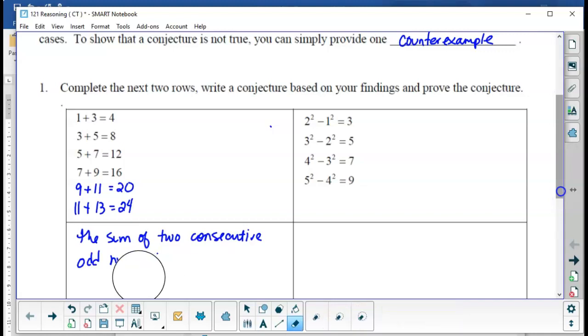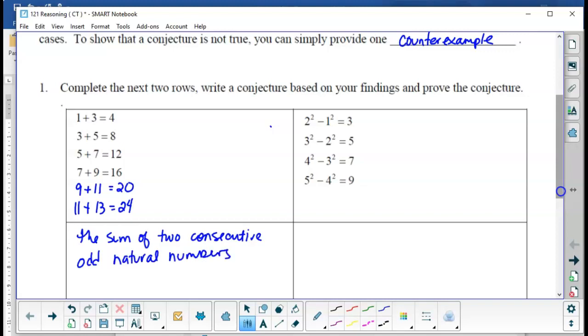We didn't start with 0, so we'll call them odd natural numbers, just to be specific. And what's the result? Those are all multiples of 4, right? Or you could say results in a number that is divisible by 4. Okay?